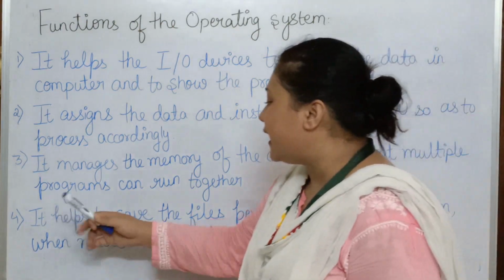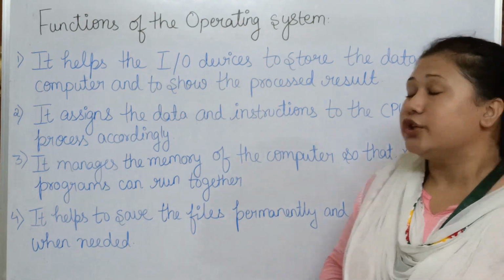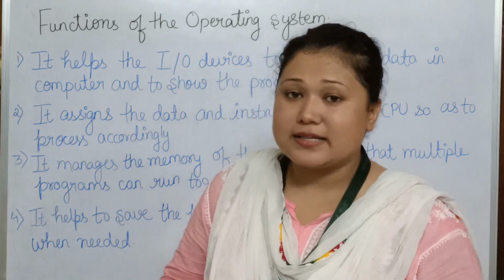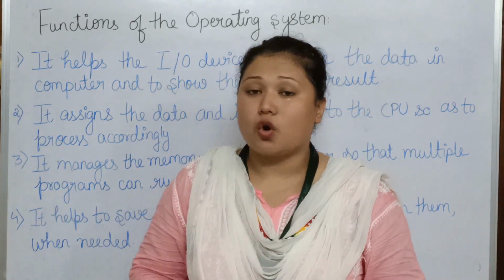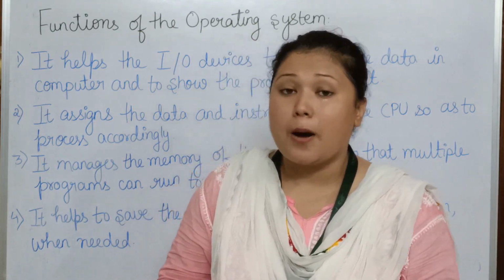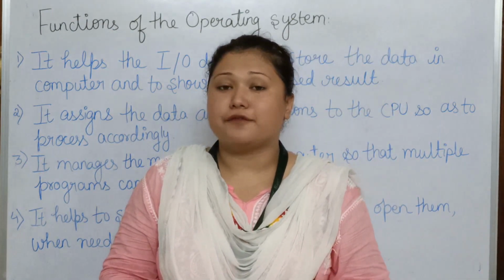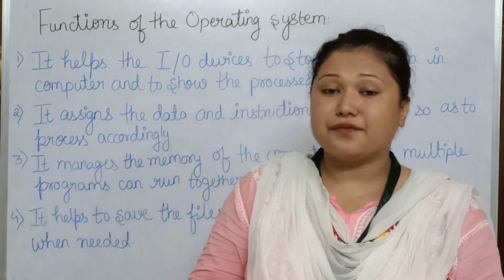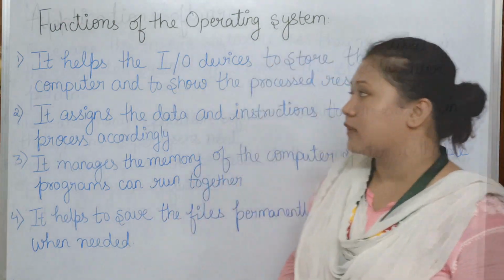Next, it helps to save files permanently and to open them whenever we need. The operating system is the reason we can store our data permanently in our computer, and after some period of time, we can retrieve that data. We can get it back whenever we need it.